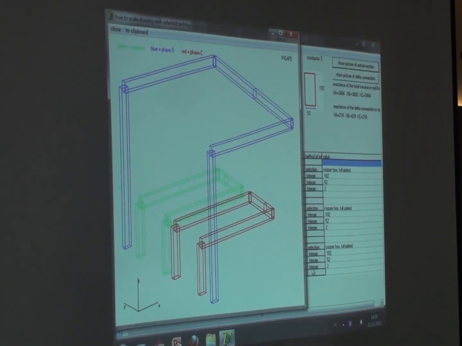There must be other currents. The currents are wrong. What happens? There must be an additional current.